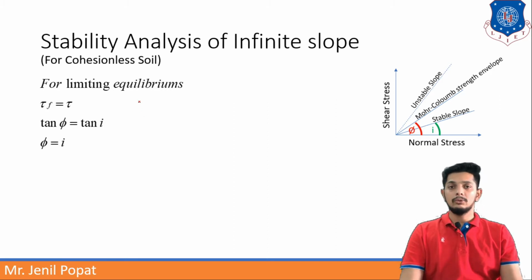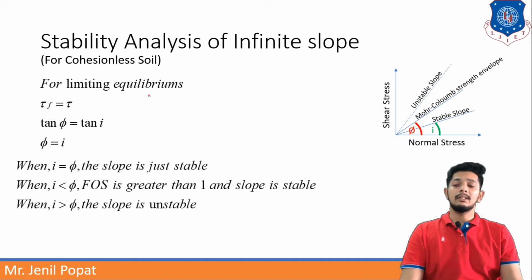We just understood this, and so we can write phi is equal to i. So we can also say that when i is equal to phi, the slope is at limiting equilibrium. That is why I have written stable slope here. And if i is less than phi, then the factor of safety will be greater than 1, and the slope will be stable.